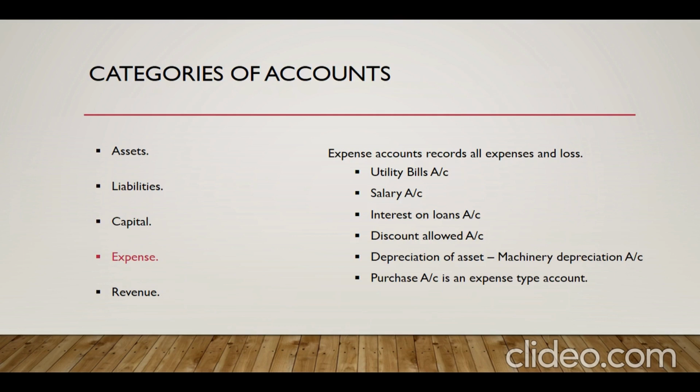Expenses. Expense accounts are related to expenses and losses that are incurred by a business. So the following accounts fall under the expense category. And also remember that purchase is also an operational expense to a business. Therefore, purchase is an expense type account.